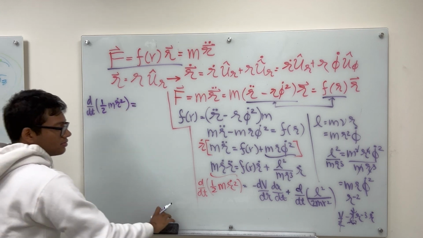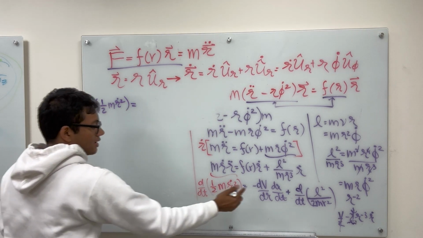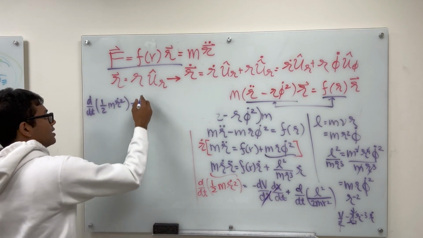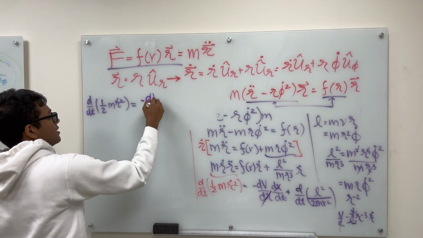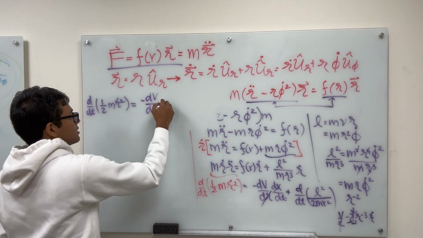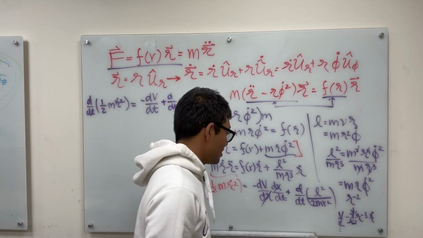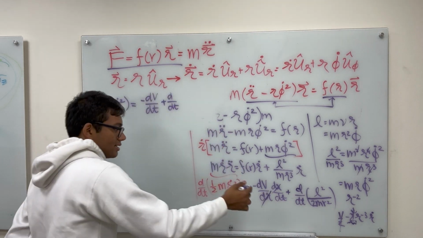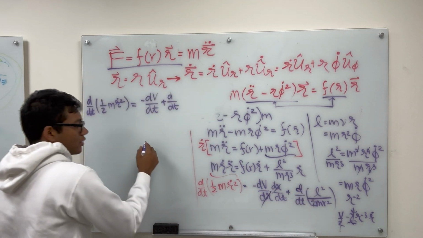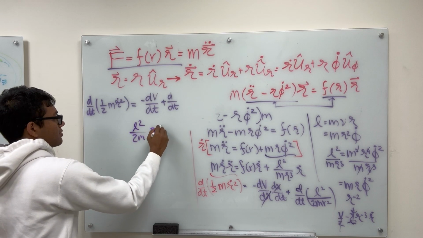And this is equal to minus, let's erase all of this. I've got dr cancel, essentially, so I've got minus dV/dt. And then plus d/dt. Is it really plus, or should this be minus? Maybe I'm making a sign mistake. Well, let's see. I've got L squared over 2m, and r to the minus 2.